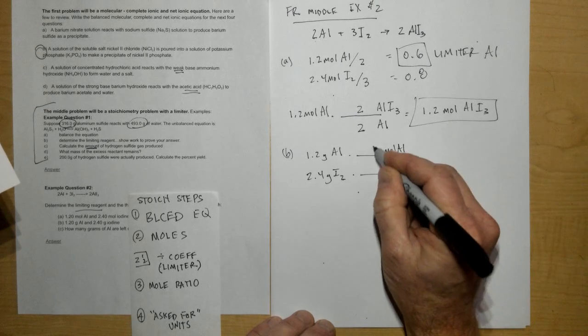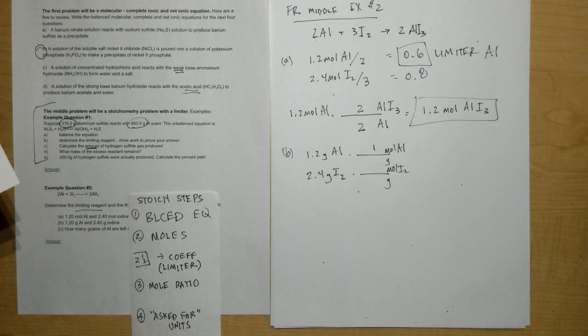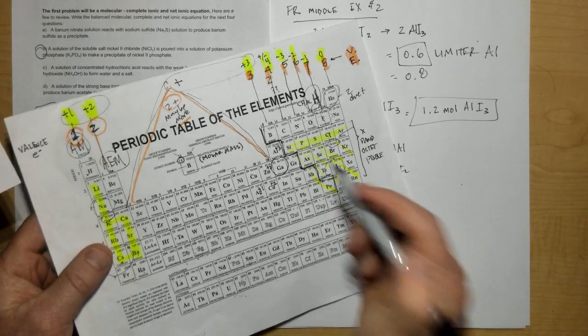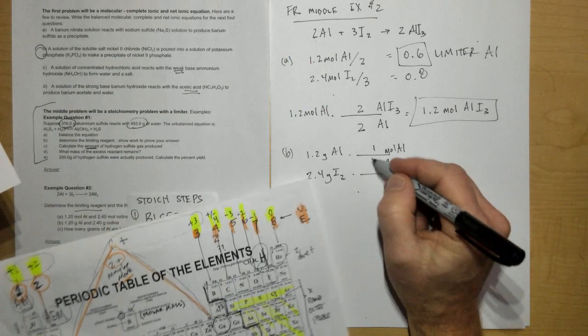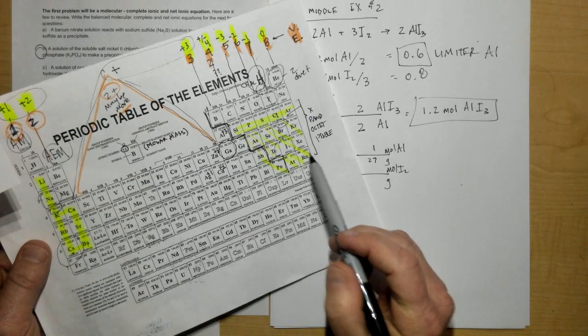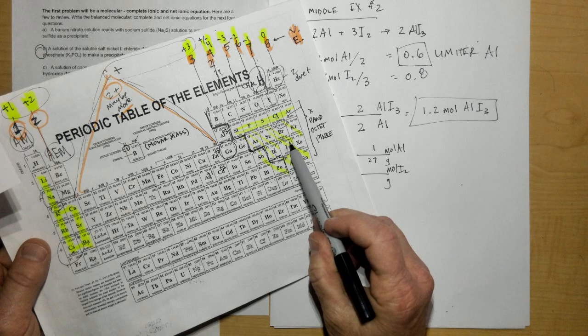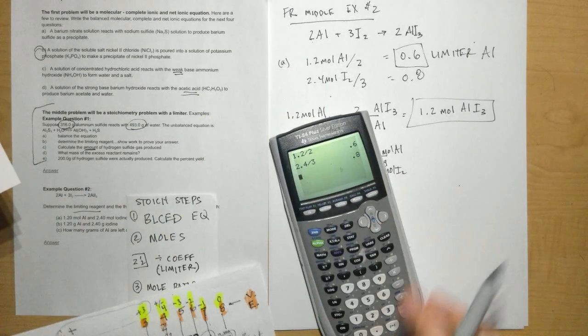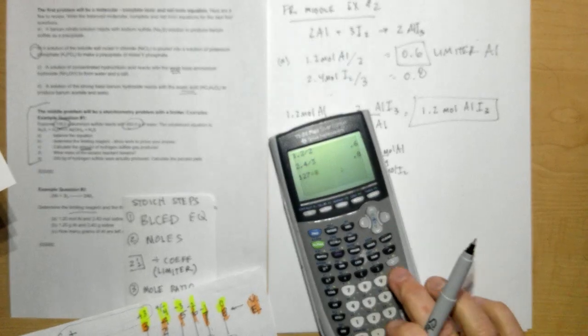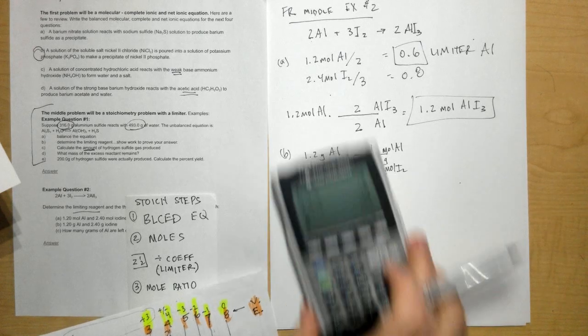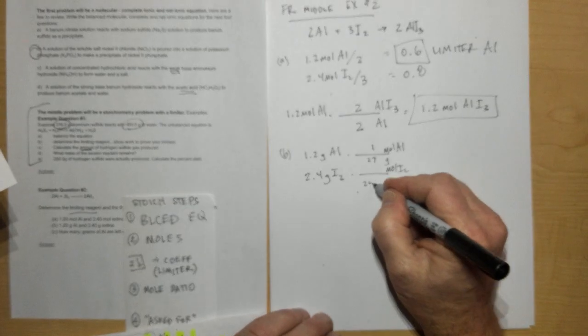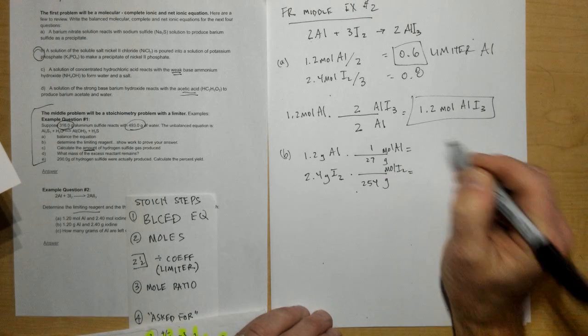And so in aluminum, there are 27 grams in a mole, as you can see right here, so 27. And in iodine, it's 126.9, but we round to 127. So 127 times 2 is 254. So there are 254 grams in a mole of I2.